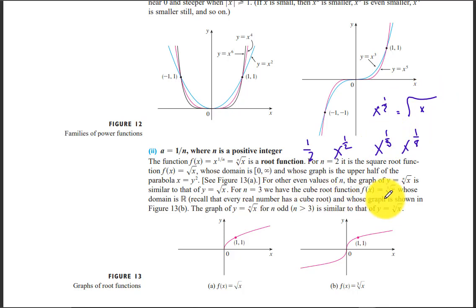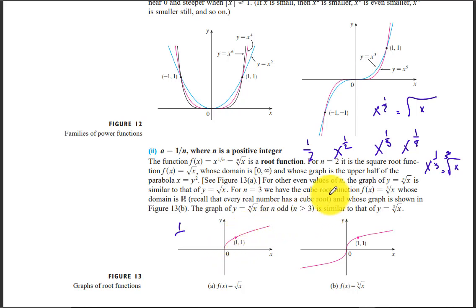And we know that x to the 1/3 means the cube root of x. And x to the 1/8 means the 8th root of x, and so on. And what do the graphs look like? So if n is even, so we have 1 over an even number, it's going to look like this.